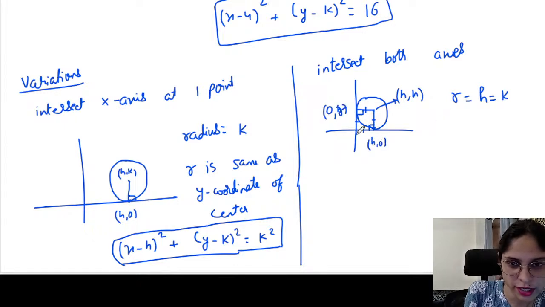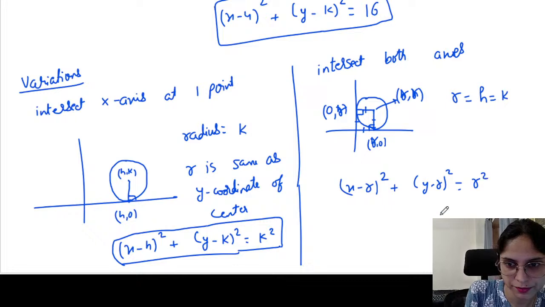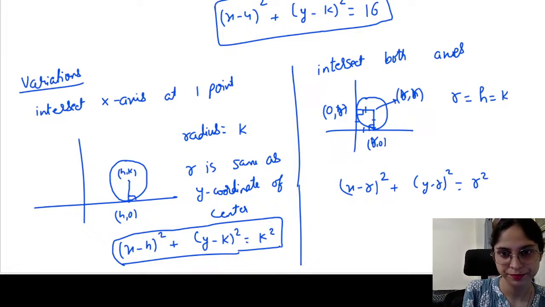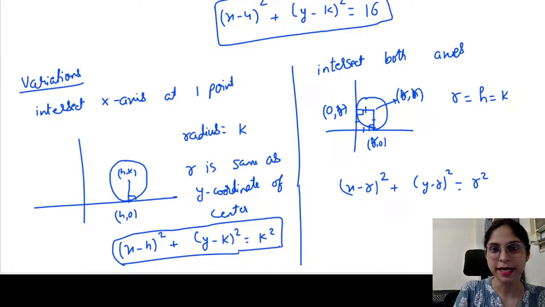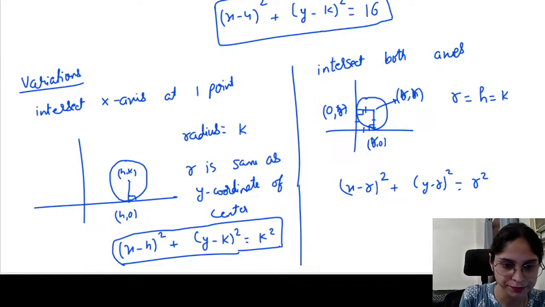Or I can just write r, r, r, r, and this will be x minus r whole squared plus y minus r whole squared equals r squared. Got it? So when it is intersecting both of them, that means it's going to be 2 comma 2 like that. So radius will also be 2, center will also be 2 comma 2.